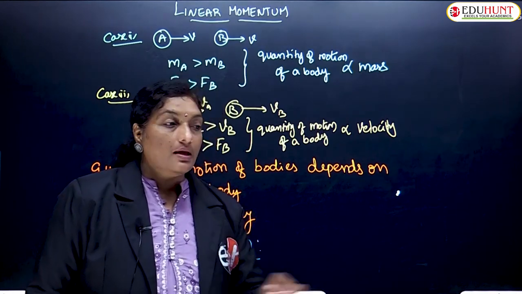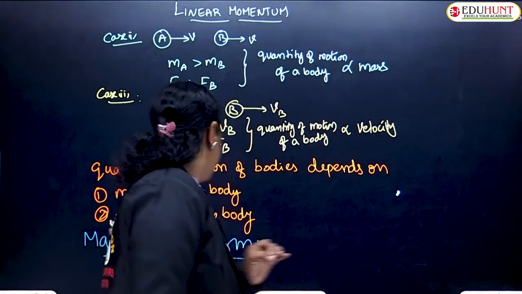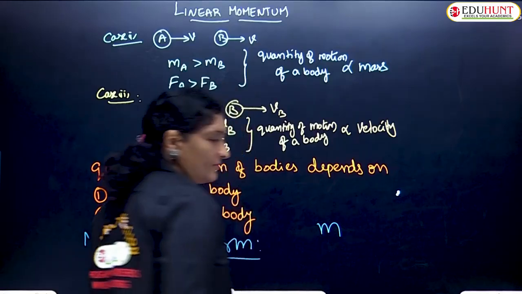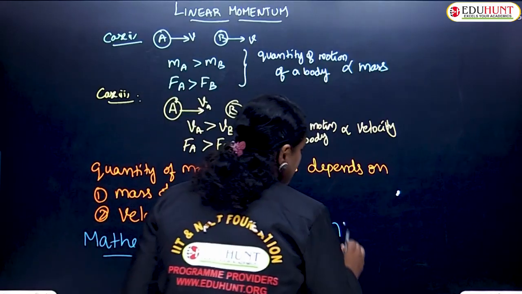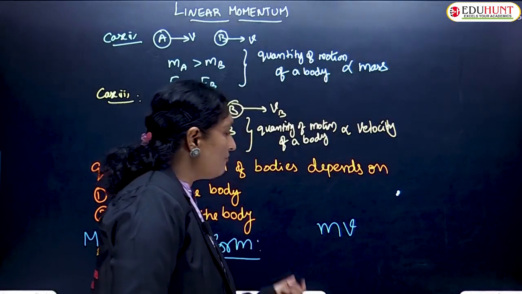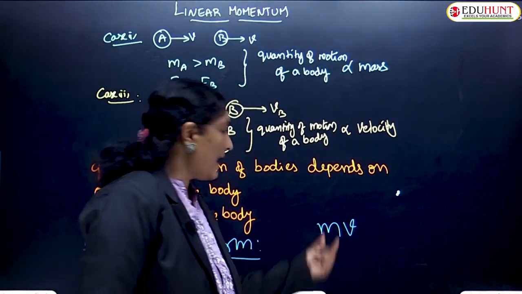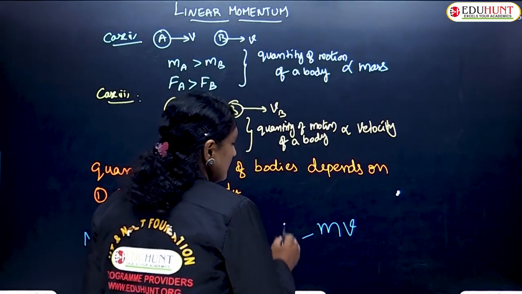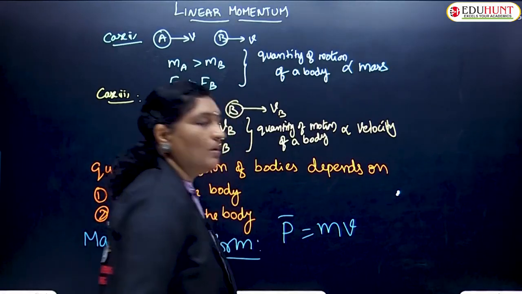Then the mathematical form is defined as said. That means if m is the mass of the body and v is the velocity of the body, then the product of mass of the body and velocity of the body is equal to the linear momentum of the body.